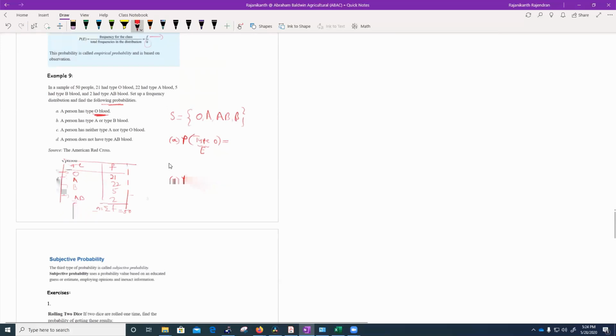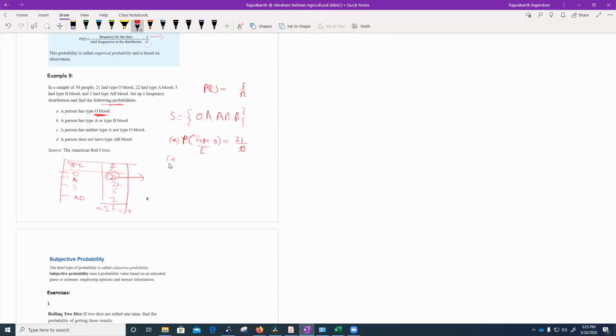So I'm looking for type O. Type O is my first class, so that is my f here. f is 21 for type O. So using the formula P(E) = f over n, for type O it is 21 over n, which is 50. If you want, you could simplify and write it in decimal form. I'm leaving it as it is.